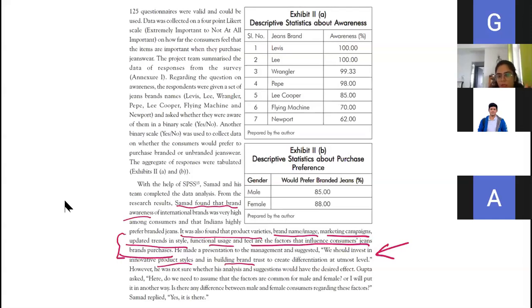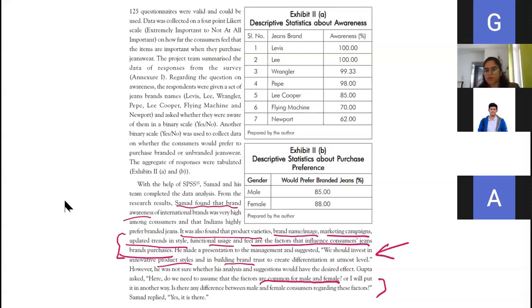Gupta asked, do we need to assume that the factors are common for male and female? Or I'll put it another way, is there any difference between male and female consumers regarding these factors? Are you able to understand this question? Because this is very important. This is what we are going to do here.